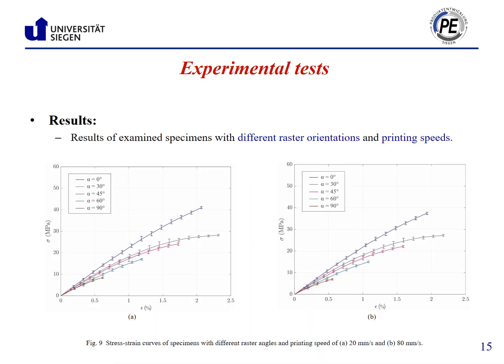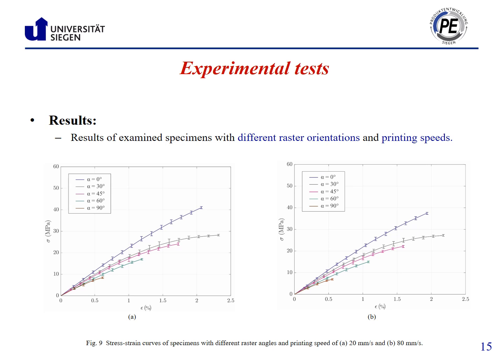As the second result, here we present different curves obtained from the experiments. The graph on the left side shows stress-strain curves of the specimens with different raster orientations, which are printed with the speed of 20 millimeter per second. As can be seen, the highest stress belongs to the specimen with raster orientation of 0 degrees. Also, the curves show that the lowest stress is related to the specimen with the raster direction of 90 degrees.